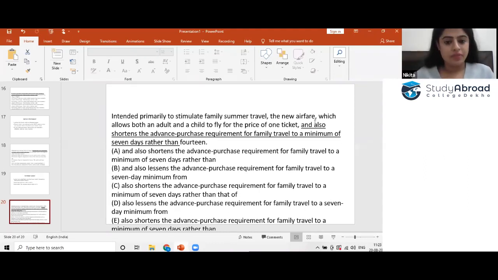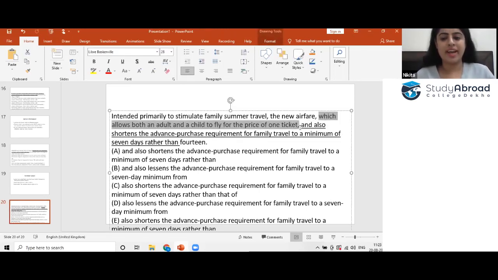Which means we could have read it in this manner: intended primarily to stimulate family summer travel, and also shortens the advance purchase requirement for family travel to a minimum of 7 days rather than 14. You see, I eliminated the information from which to ticket, and once I read it in continuation after the airfare, it immediately comes to our mind that and is not making sense.